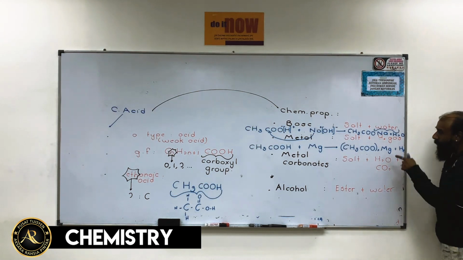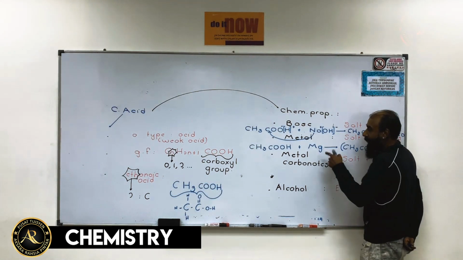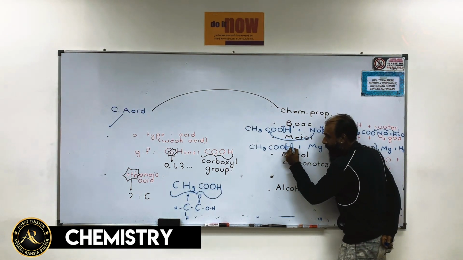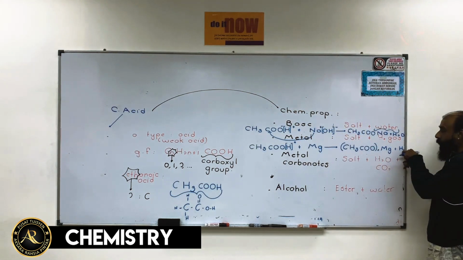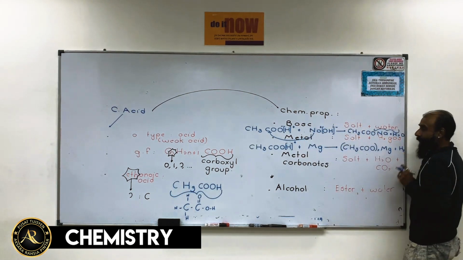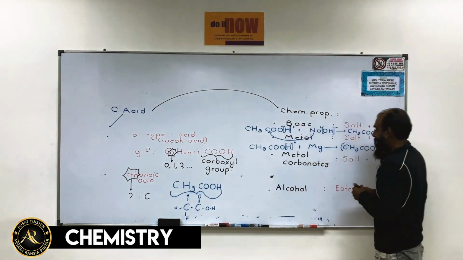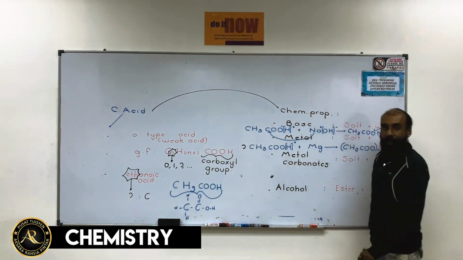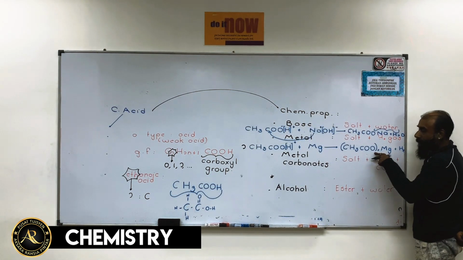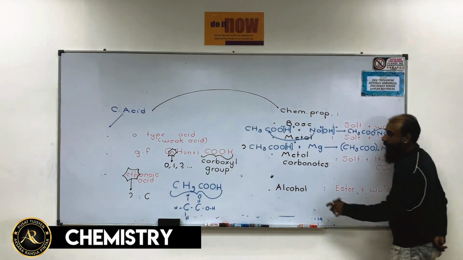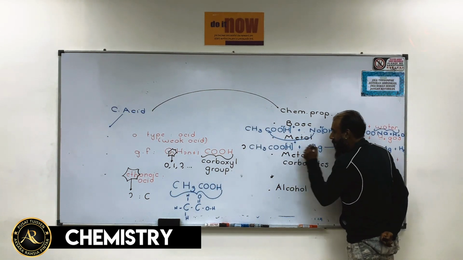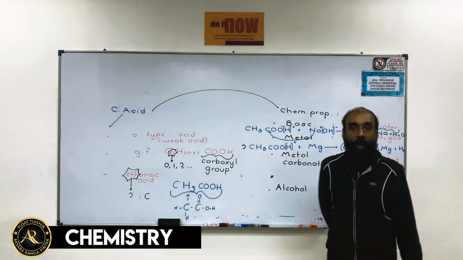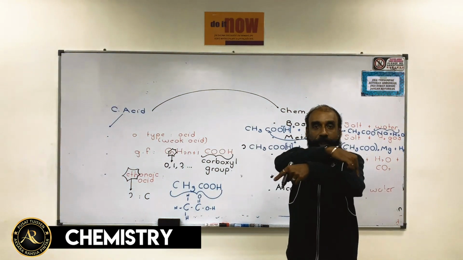Students ask me, sir, why do we put a 2 here? Because the charge of magnesium is 2 plus, and hydrogen ions coming out are H plus. So 2 coming out. How do I balance it? 2 hydrogens, only 1, so I put a 2 in front here. Where does this 2 come from? When magnesium joins here, it is 2 plus and a negative of this. Different ionic charges, we exchange.